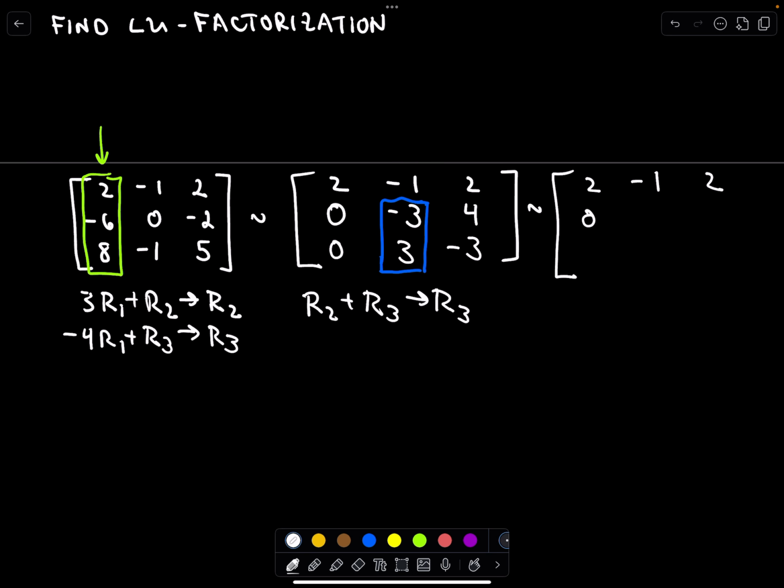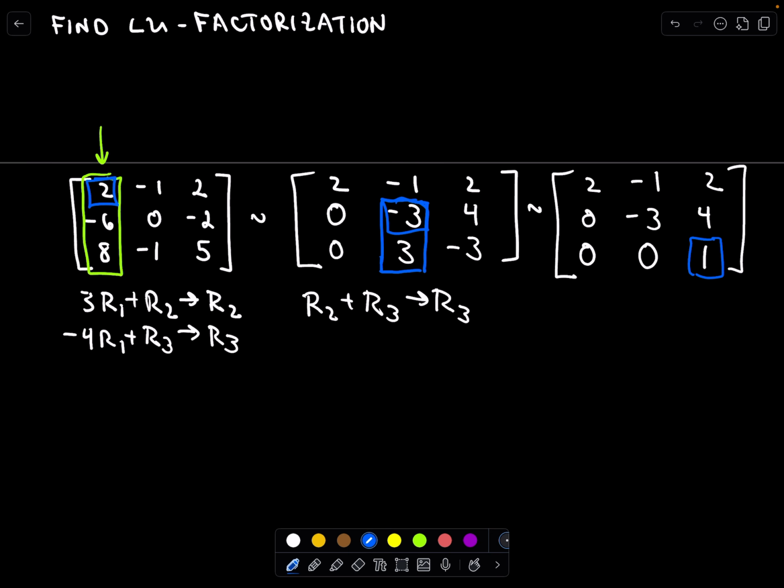So I'm leaving the first and the second row alone. Now I'm just adding row 2 and row 3. So 0 plus 0 is 0, -3 plus 3 is 0. 4 minus 3 is going to be 1. Now normally I would keep going and keep putting things in echelon form, but notice I'm going along the diagonal.